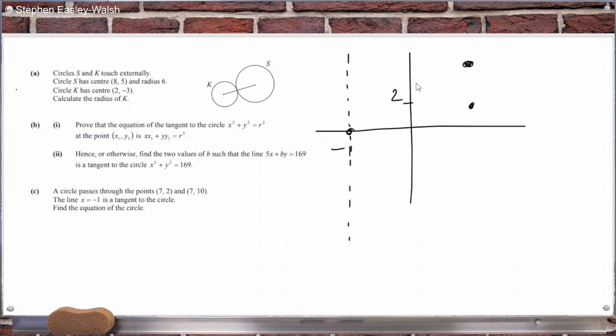That's a 2, that's a 10, that's at 7. That's x, that's y. The circle passes through those two points, (7, 2) and (7, 10), and x equals minus 1 is a tangent. Find the equation of the circle. It's not exactly a great picture, but that's the idea, something roughly like that.